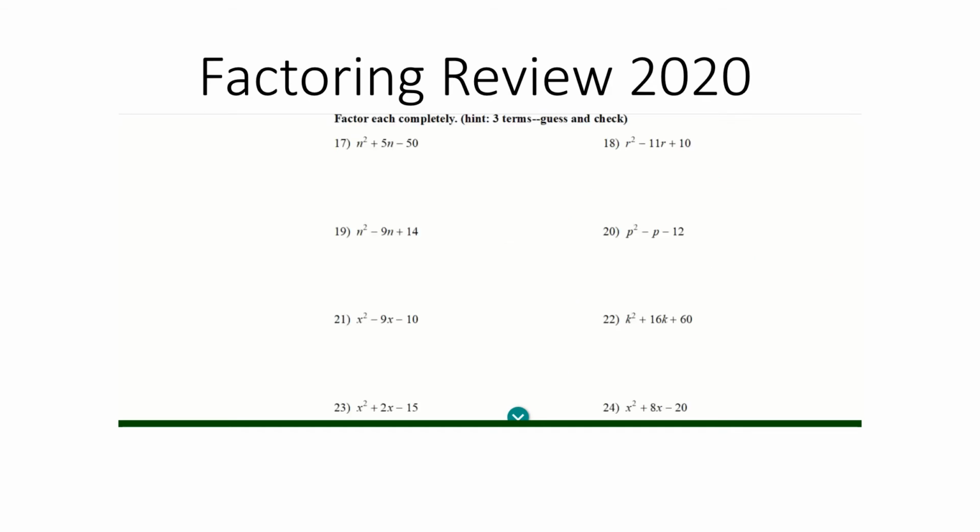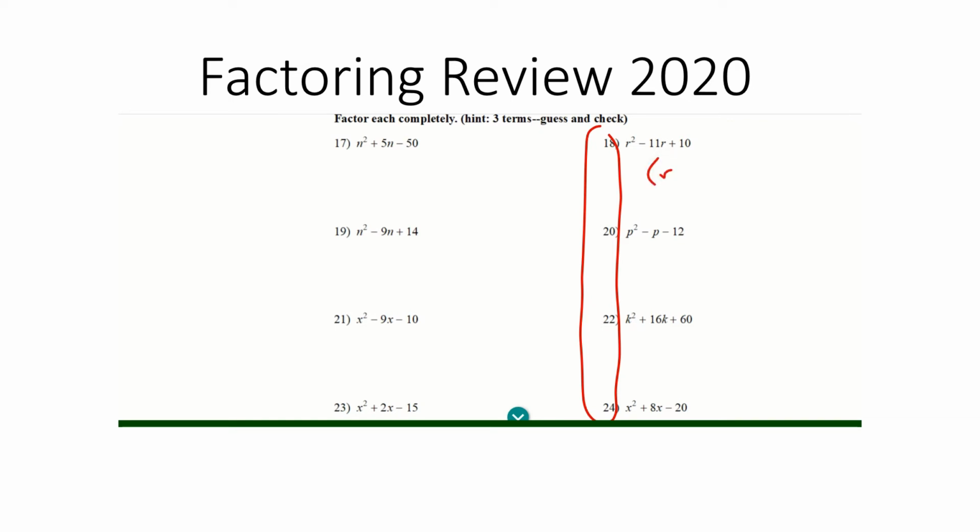And then we get to the new stuff, probably the most important factoring that you're going to use in your other math classes is factoring trinomials. So the key here on all of these in this section is that the leading coefficient on the squared term is a 1.